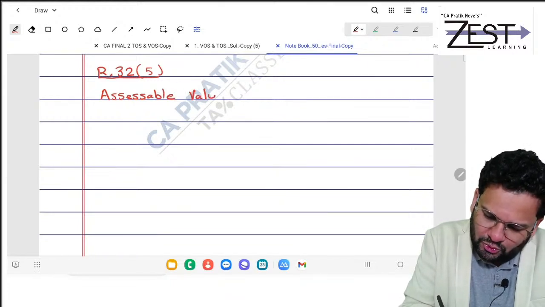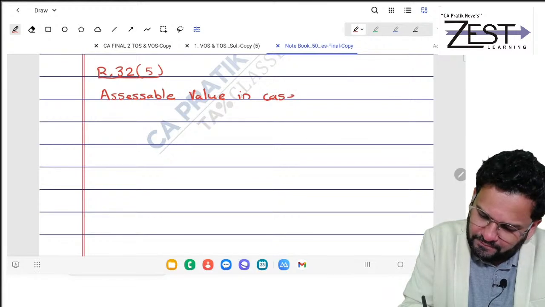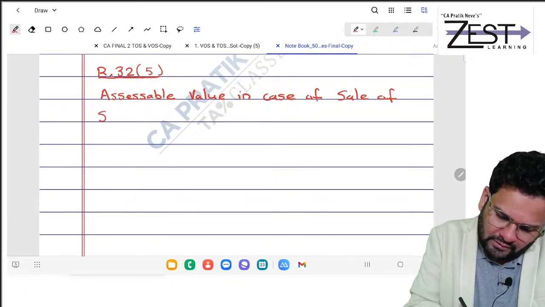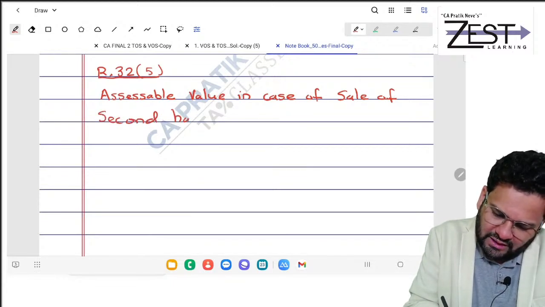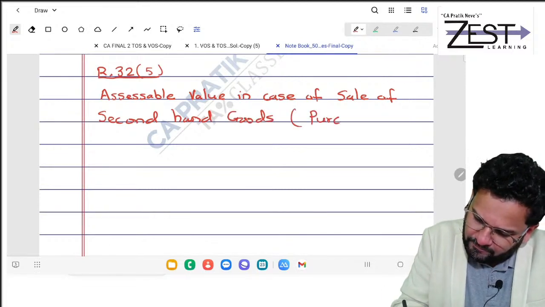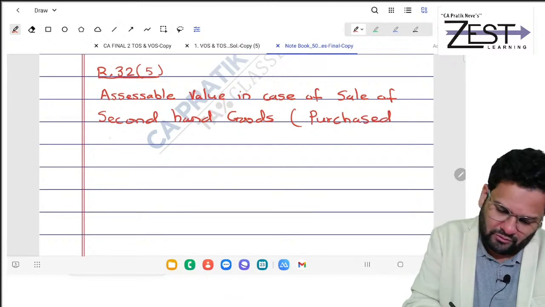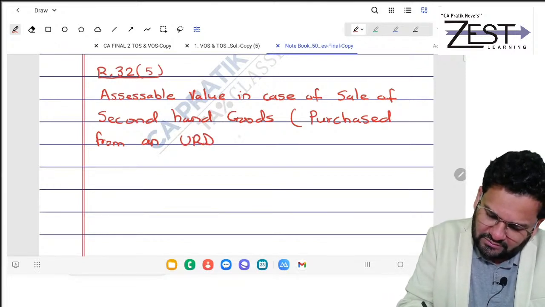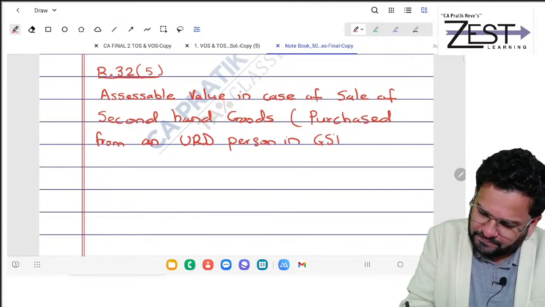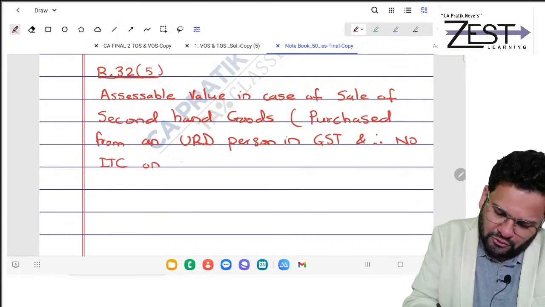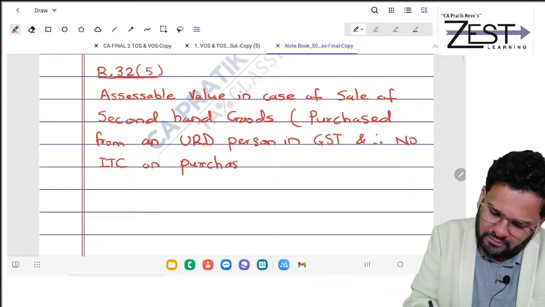Assessable value in case of sale of second hand goods purchased from an unregistered person in GST, and therefore no ITC on purchase.